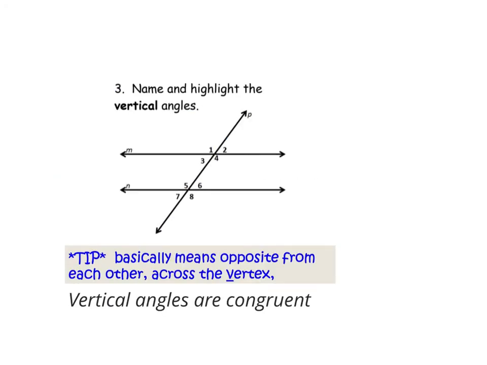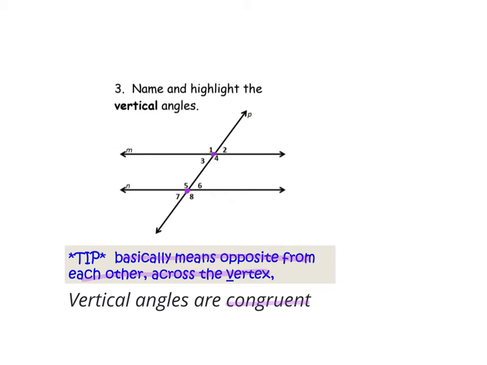The first set of angles we're going to look at are vertical angles. And remember, vertical angles are opposite from each other, so they're across the vertex, and they are congruent. And remember, congruent means the same. So the vertex here would be where these lines meet.